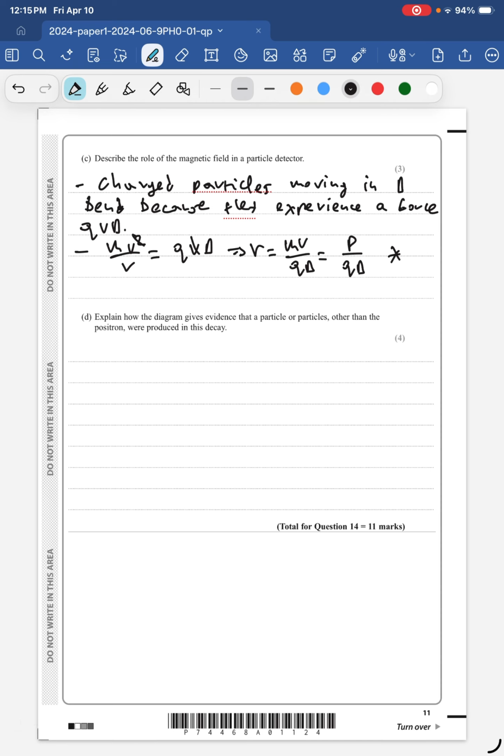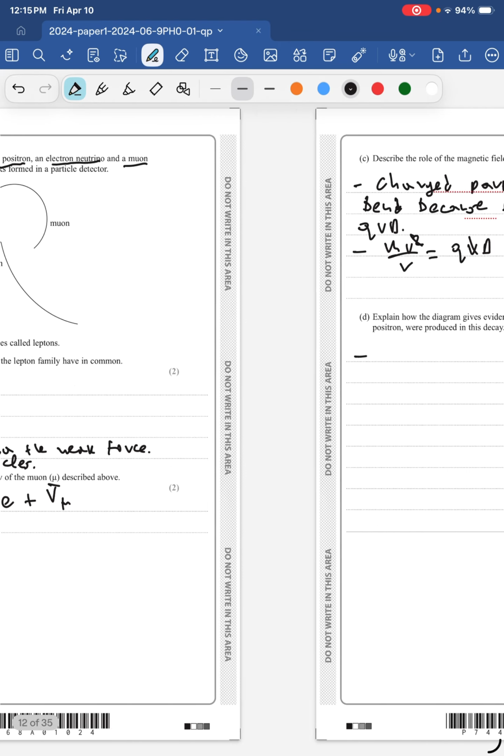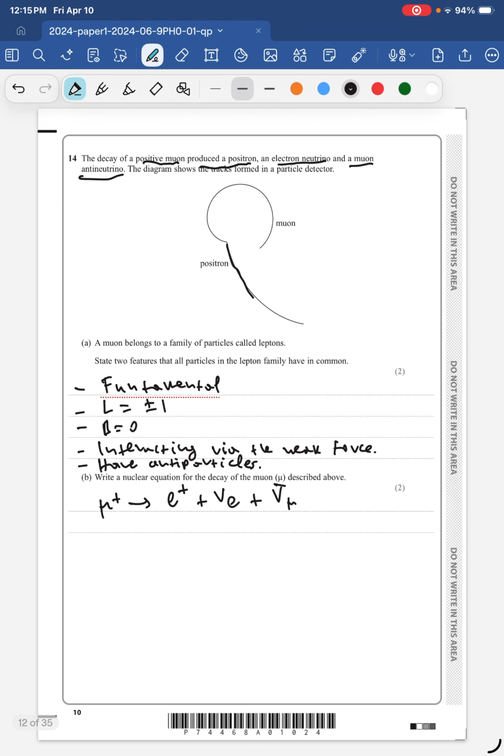Part D, explain how the diagram gives evidence that the particle or particles other than the positron were produced in this decay. First of all, if we go back, you see that the radius of curvature for the positron is larger than the radius of curvature of the muon.